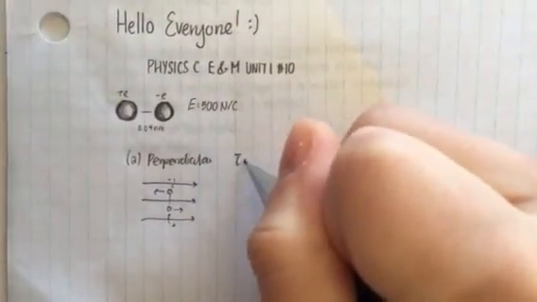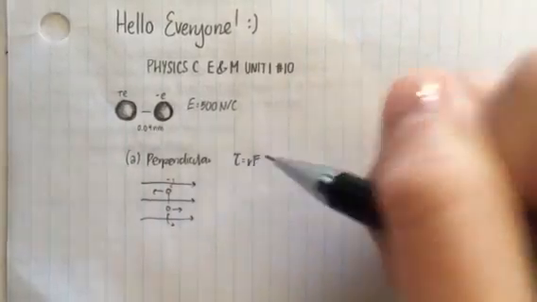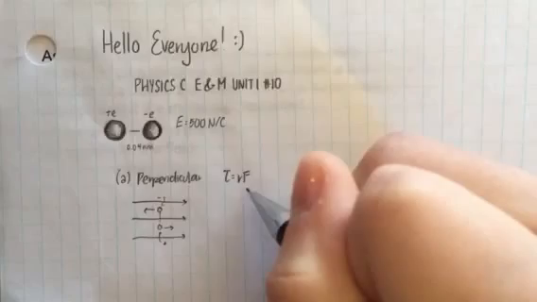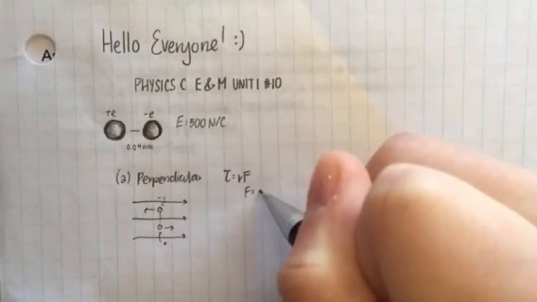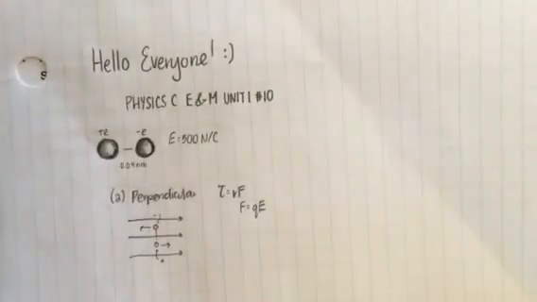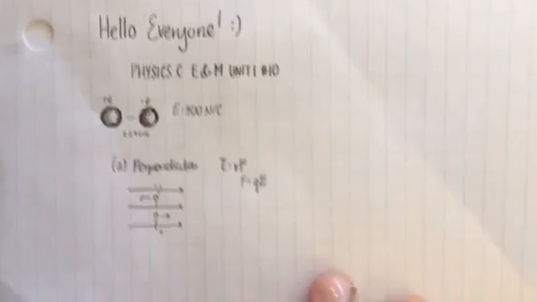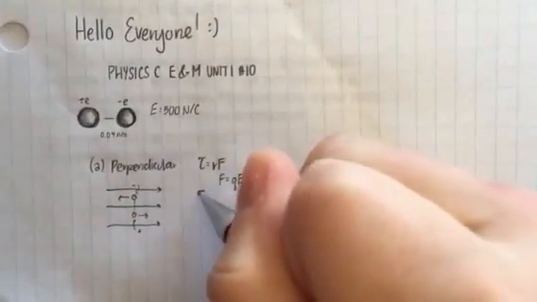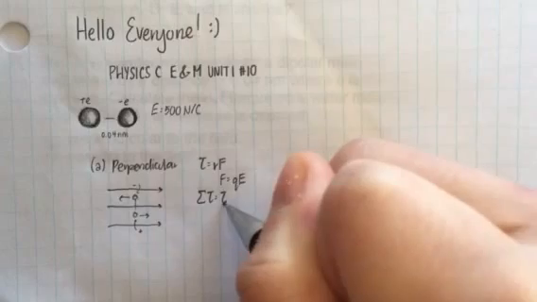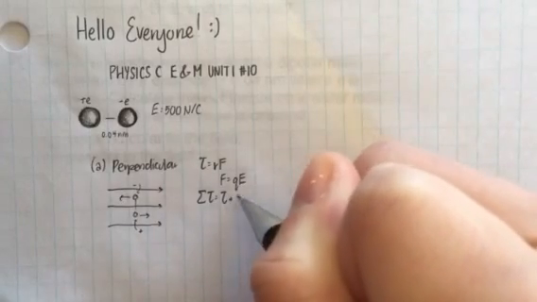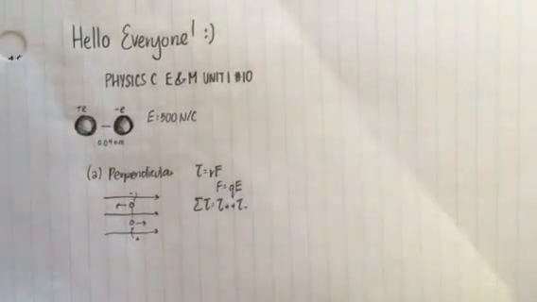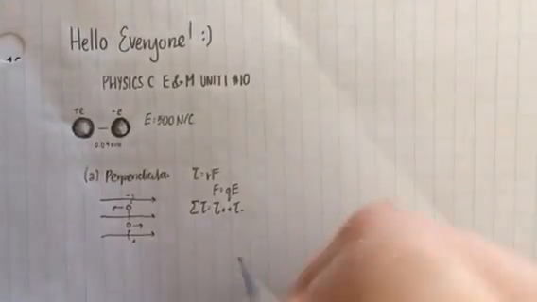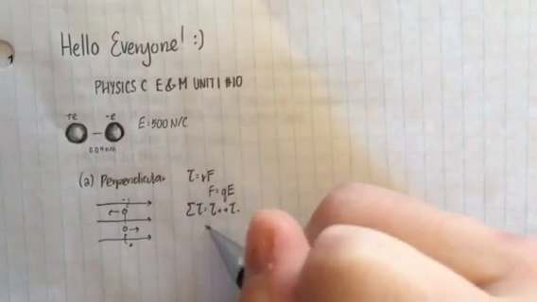Torque is r times F. We also know that in E&M, force equals q times electric field, charge times electric field. So basically we're just going to sum the torques: the net torque equals the torque on the positive plus the torque on the negative. Okay, so we're going to just plug in numbers.